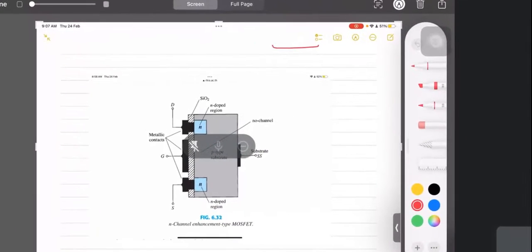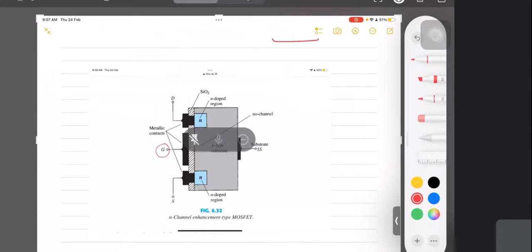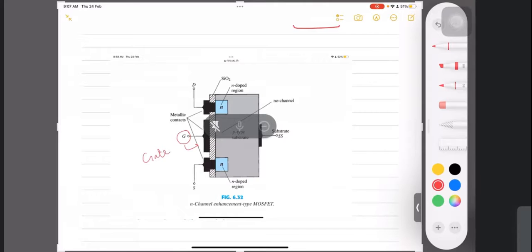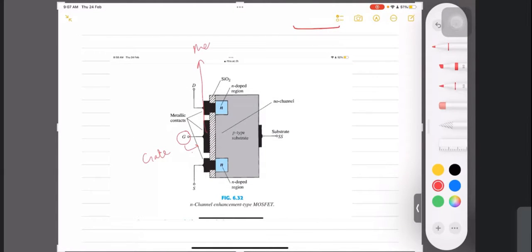Yes, sir. This gate is connected with metal. This part is metal. Second part, that is, I'm going to take this. This part is silicon dioxide. Can you see?